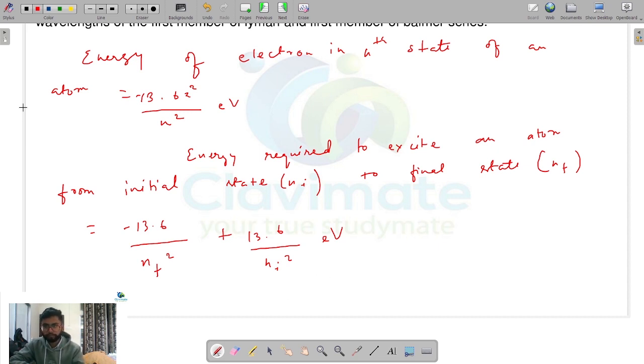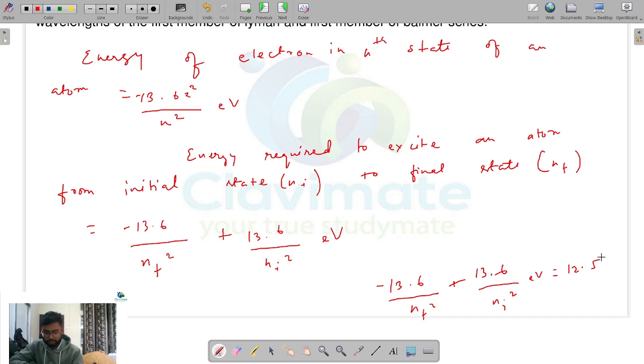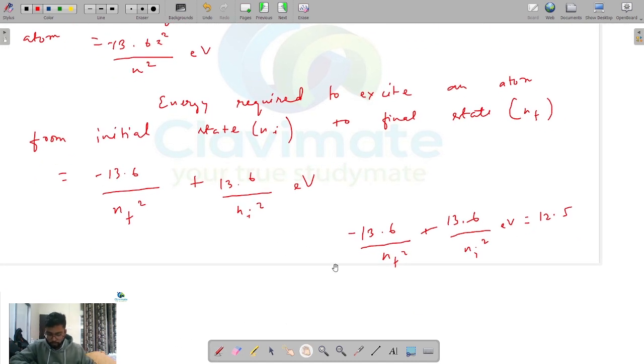So therefore we'll have minus 13.6 by nf square plus 13.6 by ni square electron volt, and this will be equal to 12.5, which is the energy of the incident electron beam.